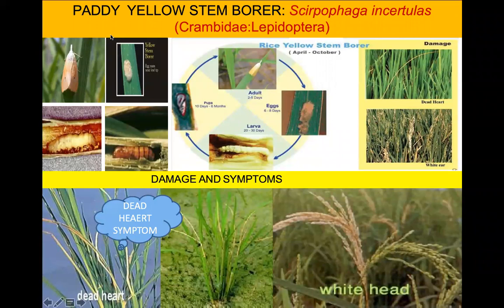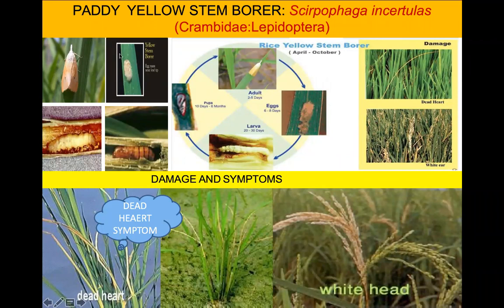The important pest of paddy, yellow stem borer, is called Scirpophaga incertulas. It belongs to the Lepidopteran family. Most of the time you might have seen this adult, a moth, in the vicinity of the rice crop, where you can identify a protruded mouth part and two spots on the forewing.